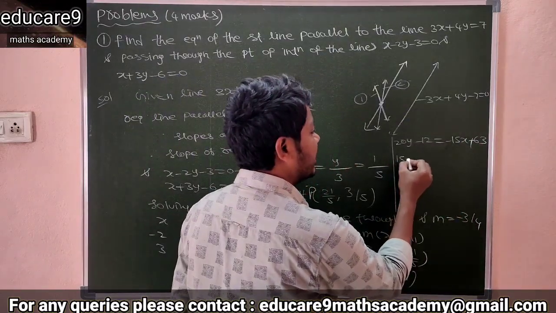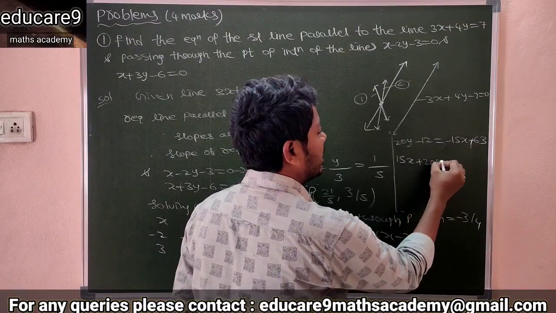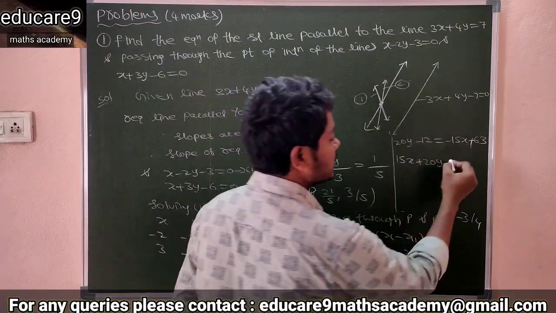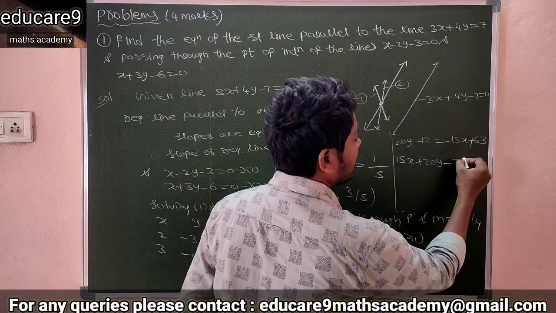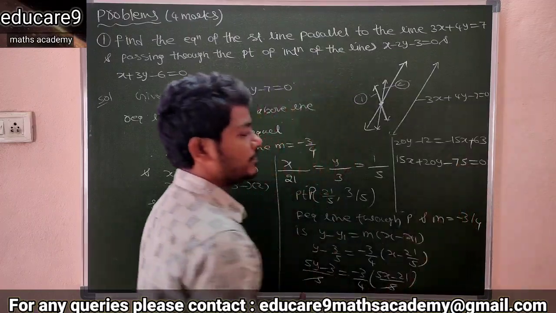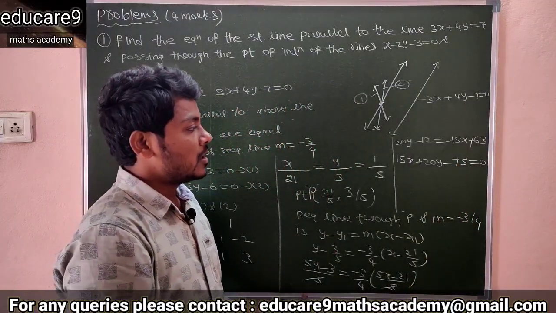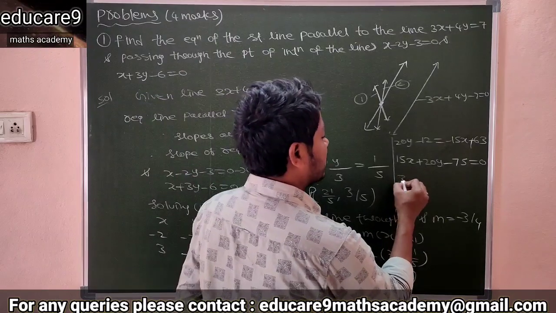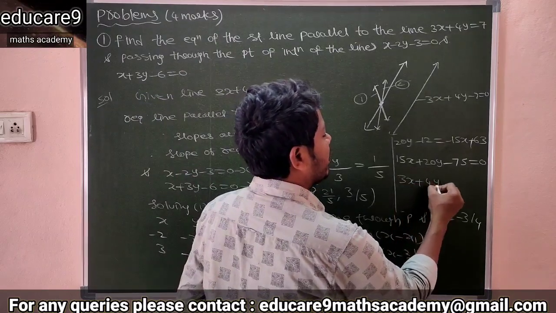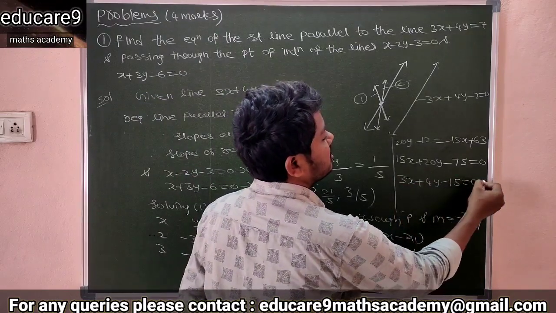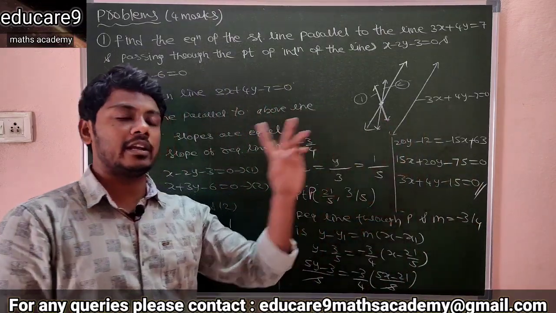Now 15x plus 20y minus 75 equals 0. Since 5 is common, you get 3x plus 4y minus 15 equals 0. So this is the required straight line.